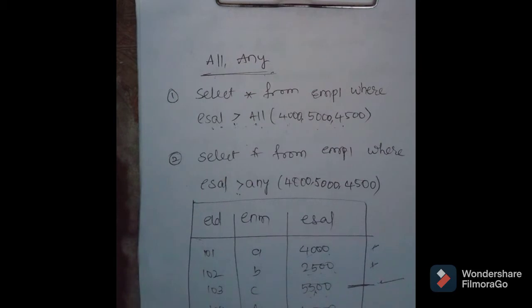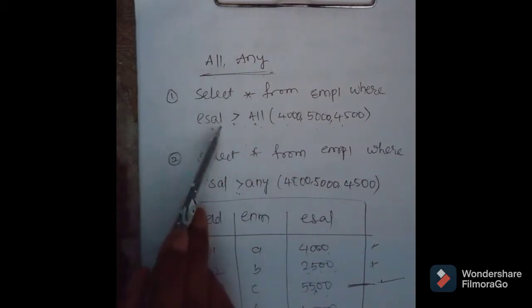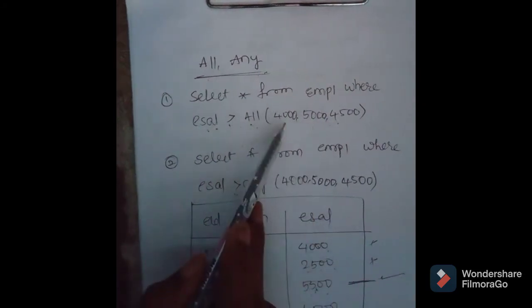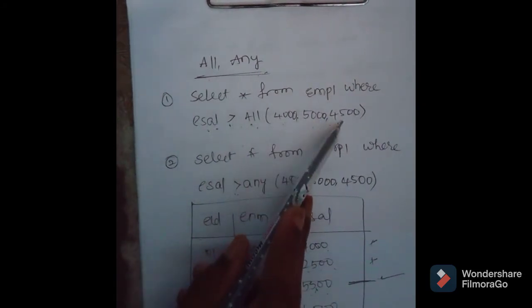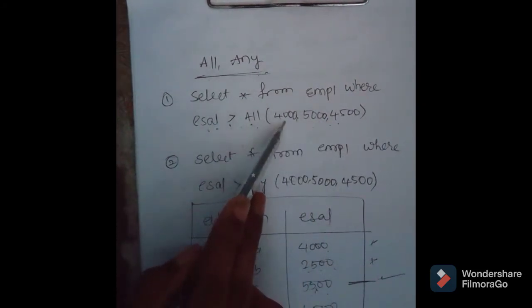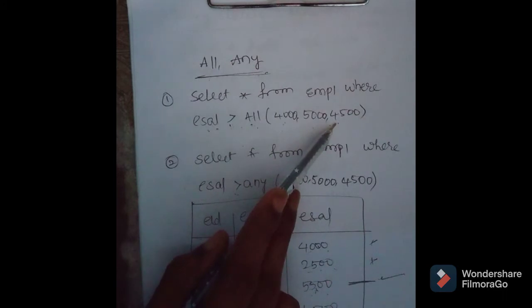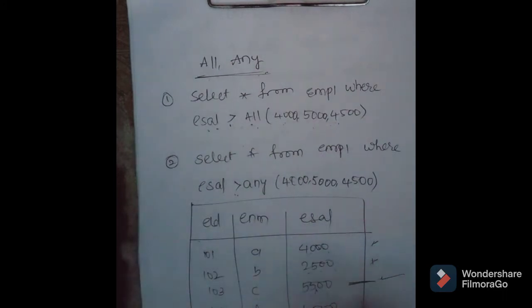Next take 4500. Is 4500 greater than all the values here, 4000, 5000, 4500? 4500 is greater than 4000 but not greater than 5000, and not greater than 4500 either. So this row is not going to come in the result set.